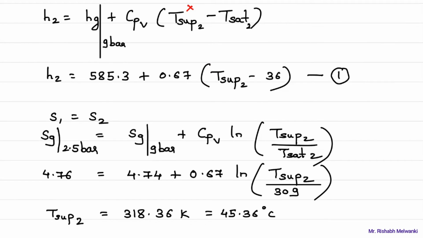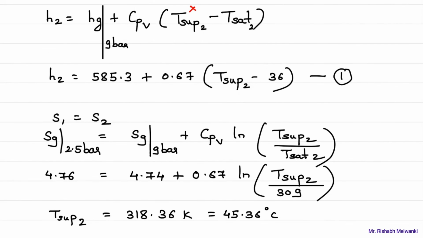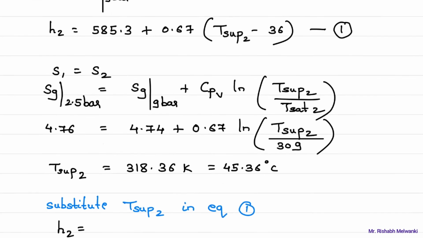So I'll write down, substitute T sub 2 in equation 1. So what will I get? H2 is equal to, substitute this value over here and give me the answer.